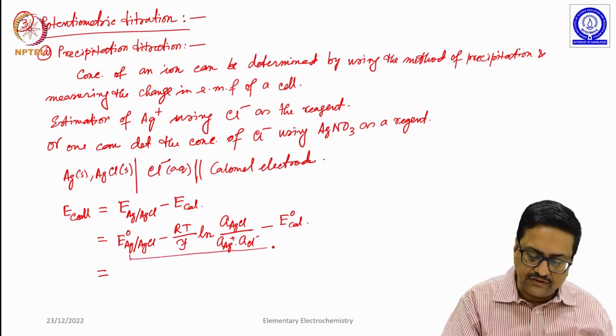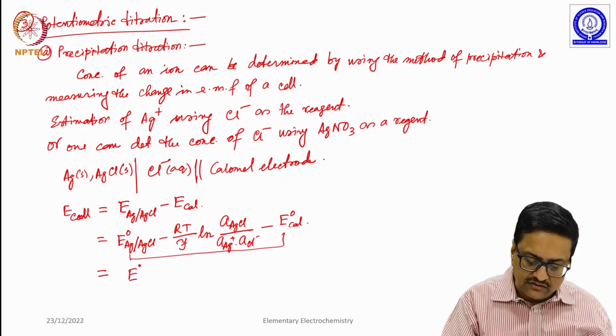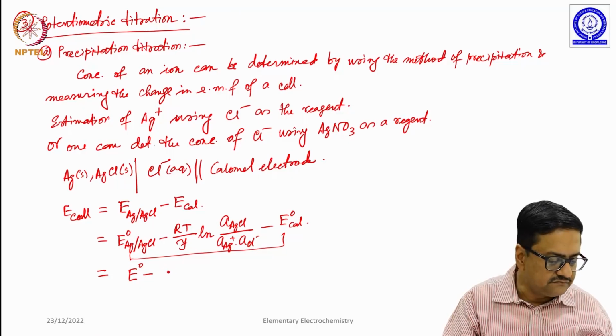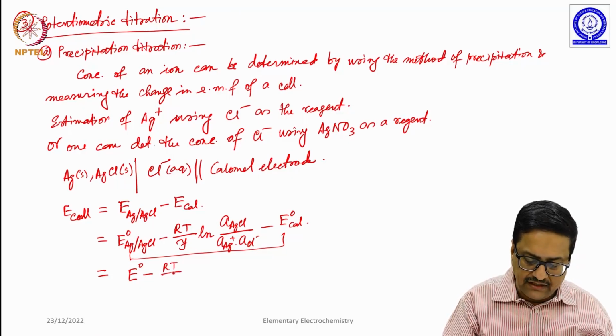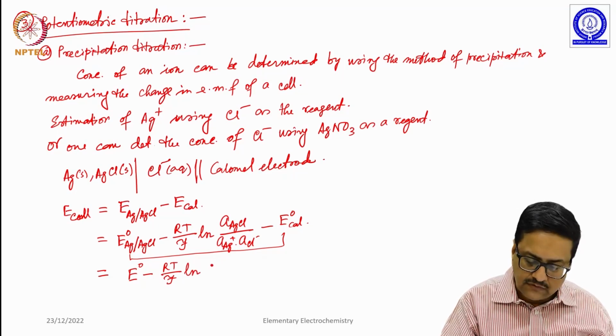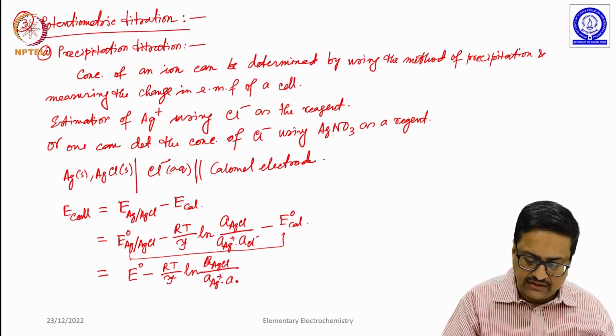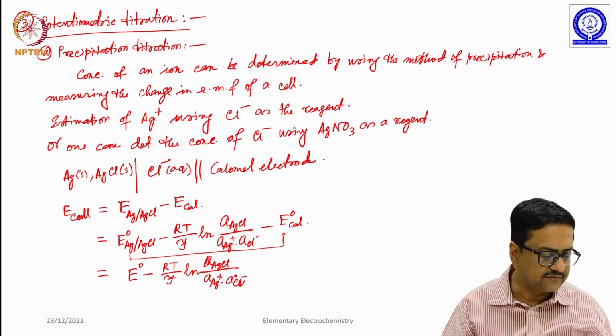So, you write the difference of this as E or simply E0, and it is RT by F ln activity of AgCl by activity of Ag plus into activity of Cl minus.